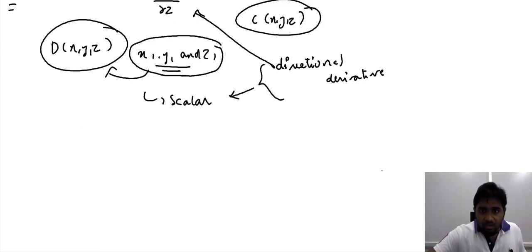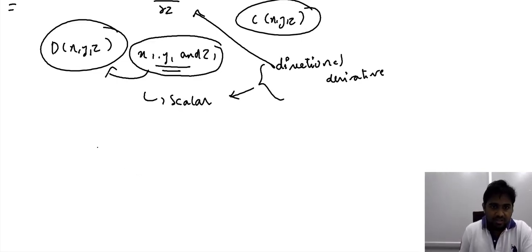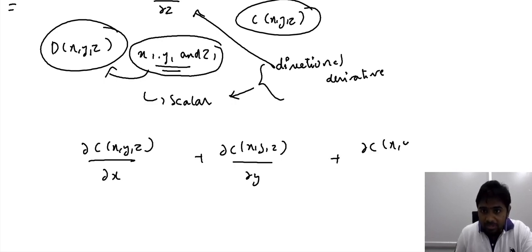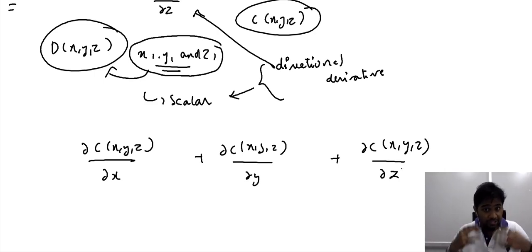Now, when we include a vector notation to this directional derivative, while estimating the partial derivative of this function with respect to x, y and z, you are introducing a vector notation to it.